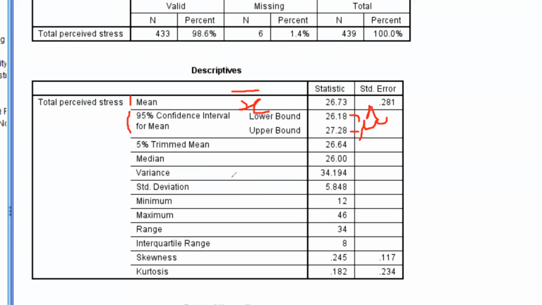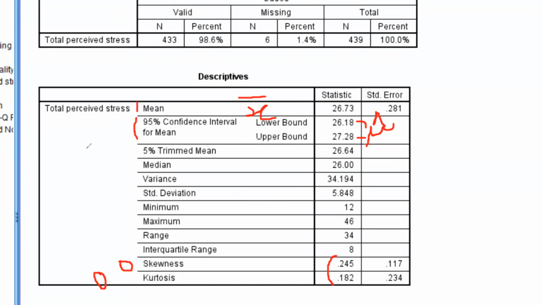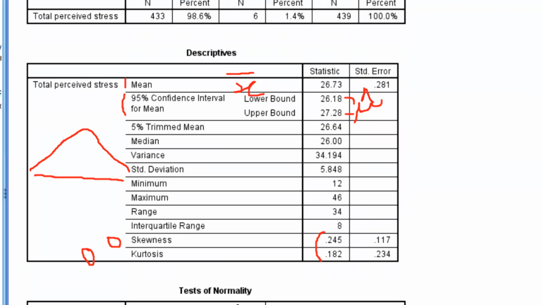After that, skewness and kurtosis. I am going to explain this. For normally distributed data, skewness should be 0 in SPSS, and kurtosis should also be 0 in SPSS. If these two are exactly 0, we can say the data is perfectly normal.